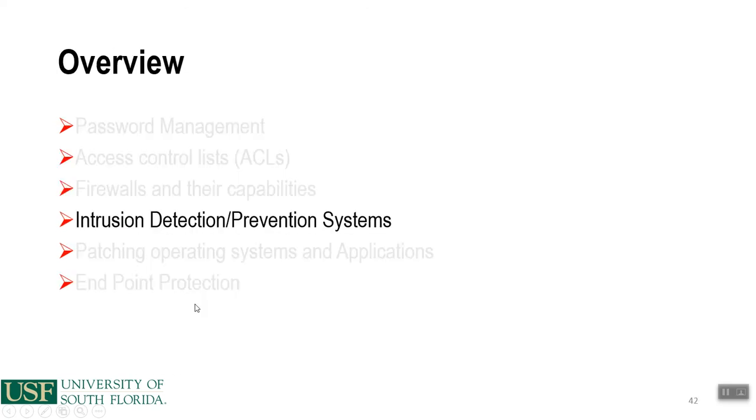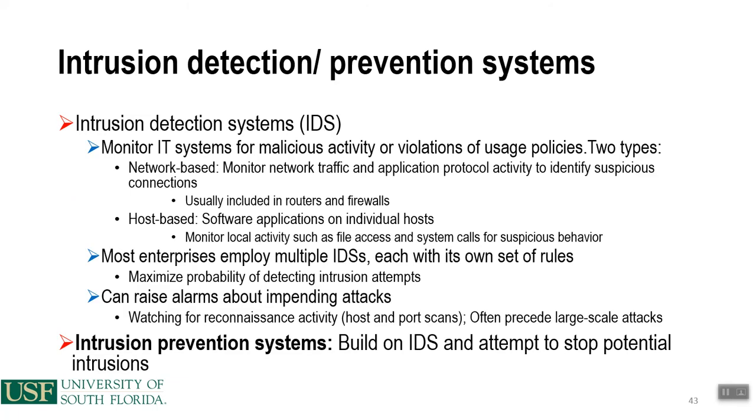So let's get into intrusion detection and prevention systems. Intrusion detection systems monitor IT systems for malicious activity or violations. There are two types: network-based and host-based. Network-based will monitor the network traffic and application protocol activity to identify suspicious connections. They're usually included in routers and firewalls.